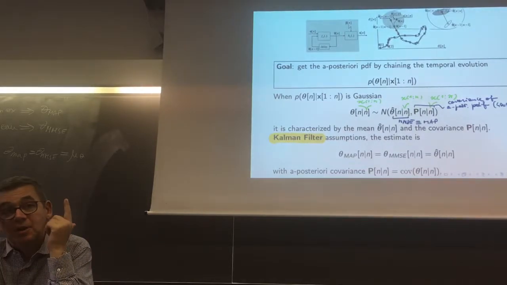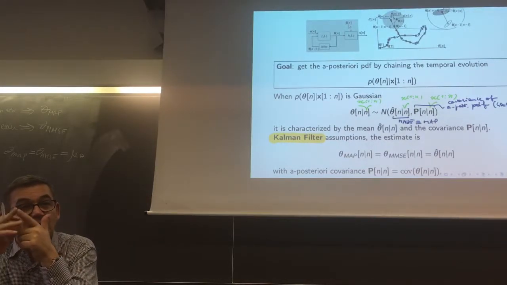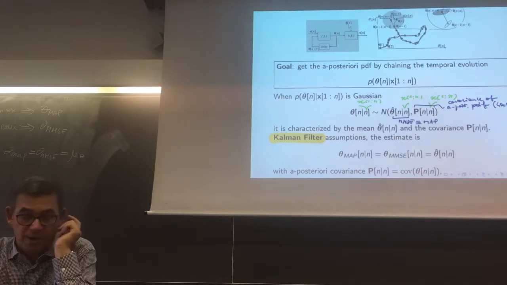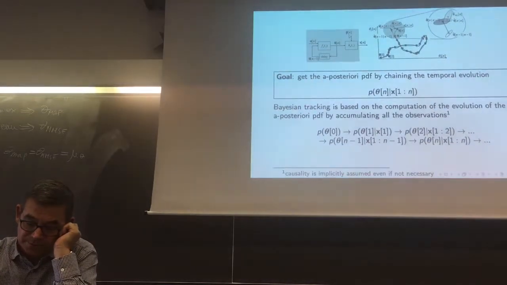Remember that everything might be Gaussian if we have a linear system, because in a linear system I manipulate Gaussians and the result is Gaussian.